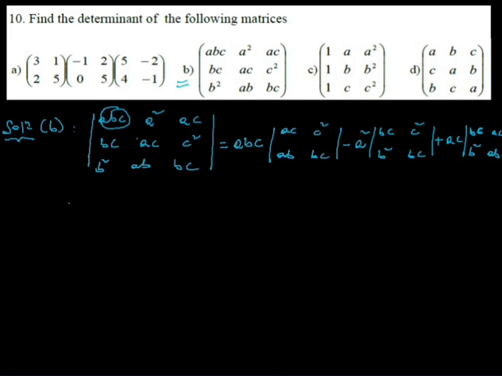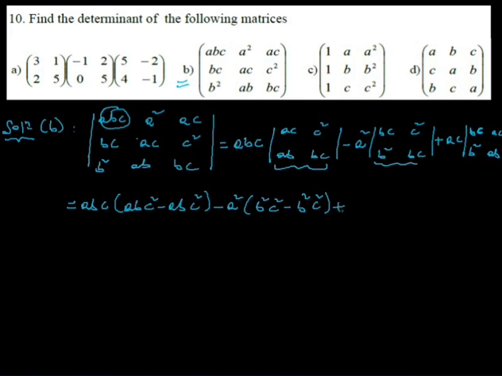So we multiply. ABC times the determinant of the first gives ABC square minus ABC square. Minus A square into the determinant of this, which is B square C square minus B square C square.